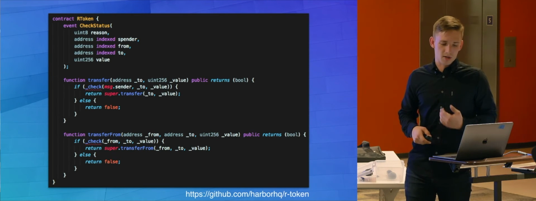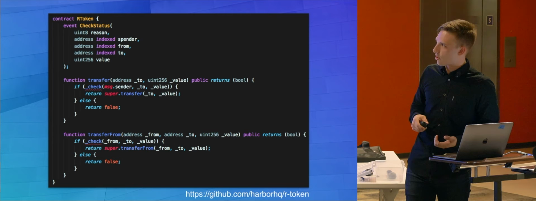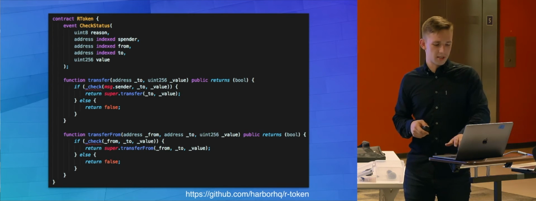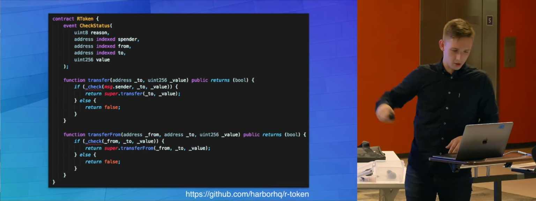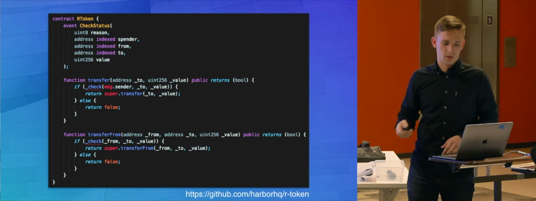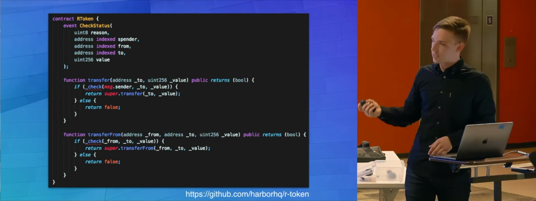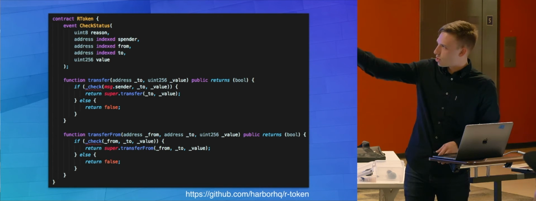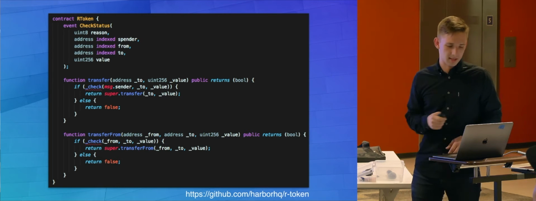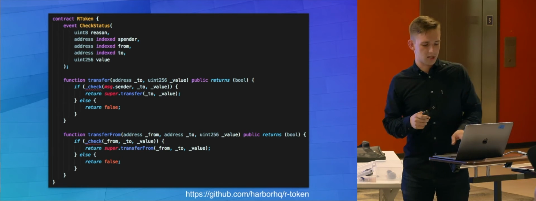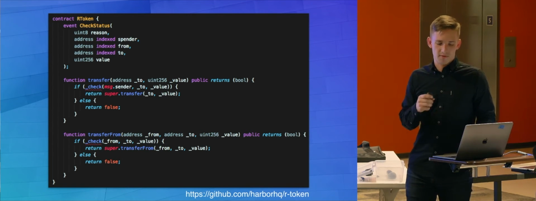This is an R-Token contract with a lot of code missing, but what I want you to notice is how that internal check function is used to restrict transfers and, as we will see, emit those check status events. One interesting aspect of the R-Token spec is that transfer functions never fail on chain.